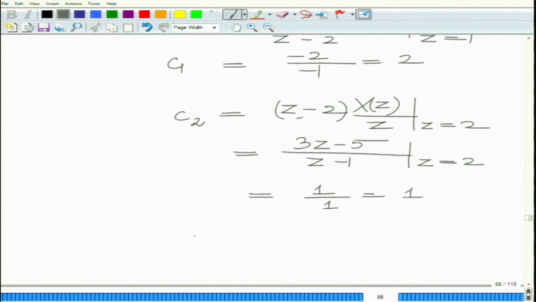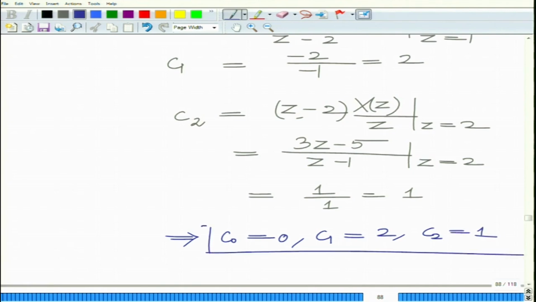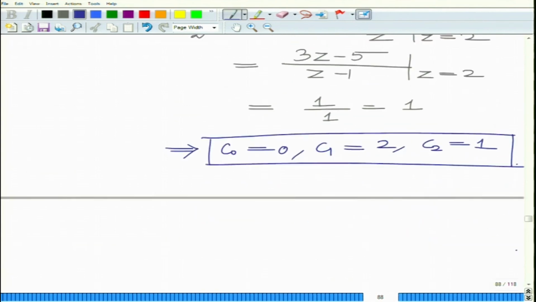Okay. So, basically what we have at the end of this is that C0 equals 0, C1 equals 2 and C2 equals 1. So, these are the coefficients in the partial fraction expansion of X(z) over z.